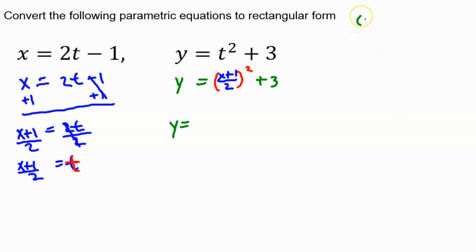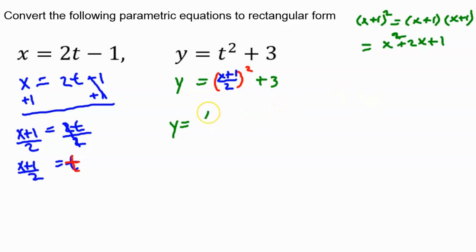When we square it, (x plus 1) squared means the same thing as x plus 1 times x plus 1. And if you use your normal multiplication that you did in Algebra 1, you would have gotten x squared plus 2x plus 1.